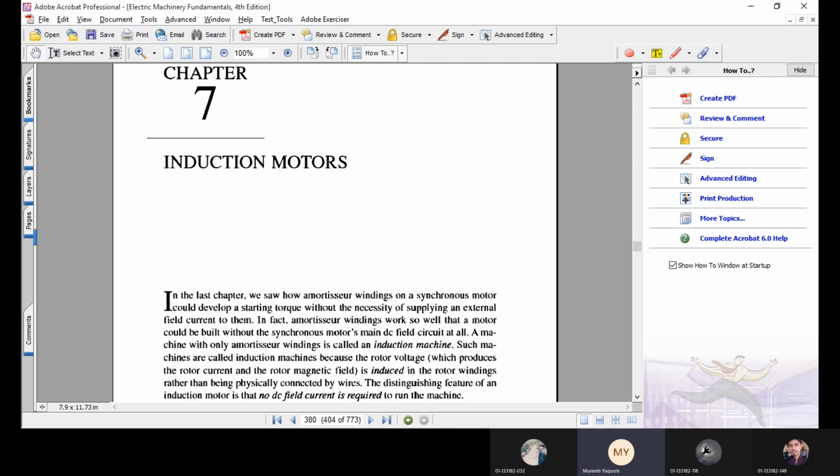So the conclusion of this discussion is that in an induction motor, the stator's magnetic field rotates with synchronous speed, the rotor's magnetic field rotates with synchronous speed, while the rotor rotates at a speed just below the synchronous speed. That is the reason induction motors are sometimes called asynchronous machines. Why?